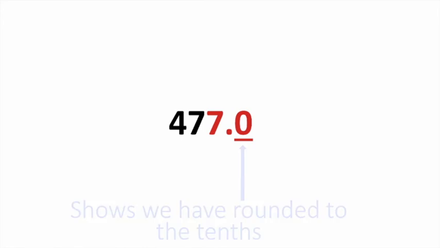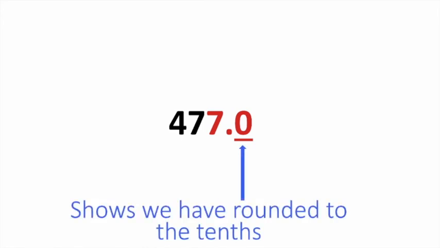But we can't have a 10 there after the decimal place. So we're going to have to carry that 1 and add that 1 to the 6 in the ones place right here. So our final number is going to be 477.0. Now we have to have that 0 in there at the end, and that is to show that we've rounded to the tenths place.